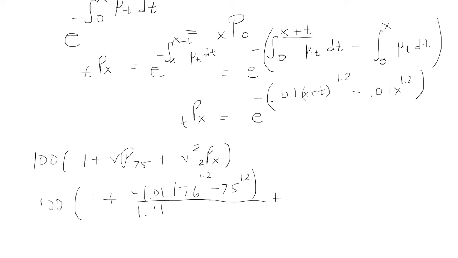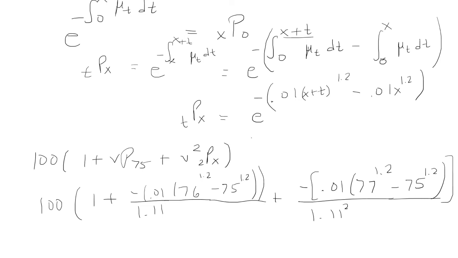Okay, plus, we want to discount it 2 years now. So we have the 0.01. Here t is 2, so 75 plus 2 is 77, and we're going to subtract from that 75 to the 1.2.